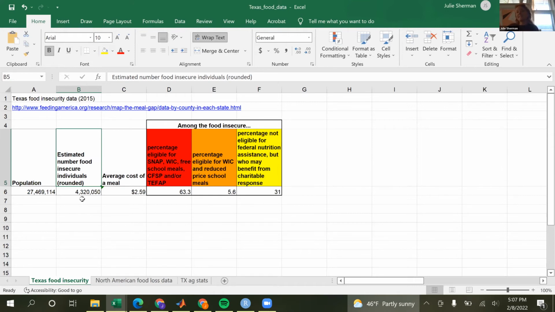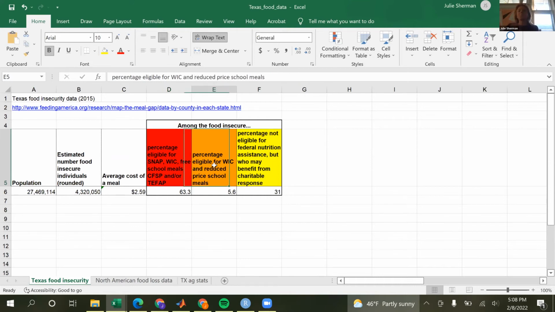Another thing that we see in this table that is interesting is that there are different levels of food insecurity. There are people who are eligible for SNAP, WIC, free meals at school. If you don't know what SNAP and WIC are, maybe you know it by food stamps. There's another term usually colloquially used.